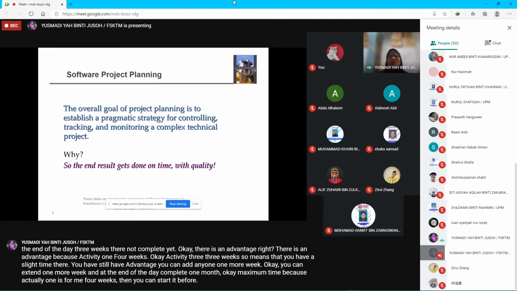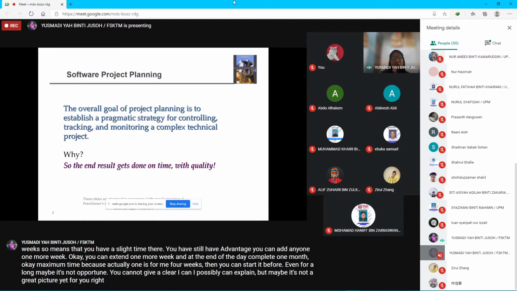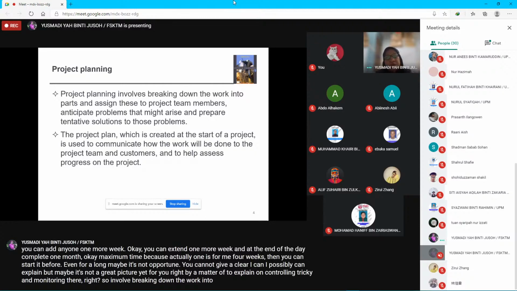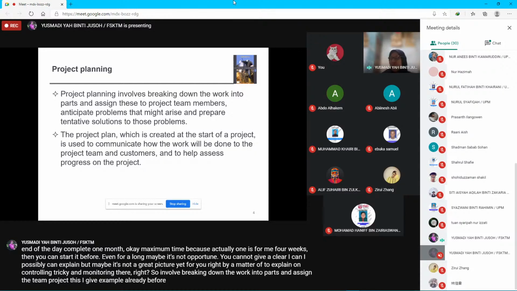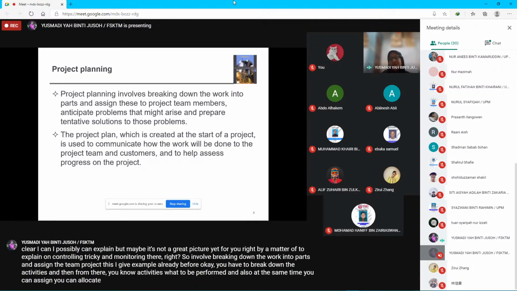For now maybe it's not a clear picture yet for you, right? I possibly can explain more, but in terms of controlling, tracking, and monitoring, it involves breaking down the work into parts and assigning the project team. I gave an example already before. You have to break down the activities, and from there you know what activities are to be performed, and at the same time you can allocate a person in charge.